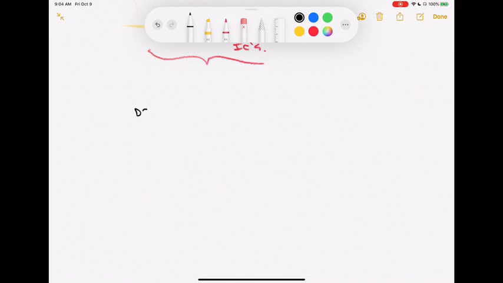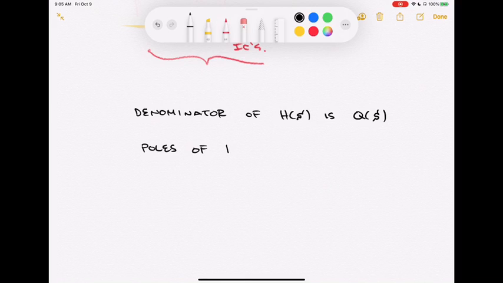We can say the denominator of our system transfer function, or the system function h of s, is Q of s. What does that tell us? That tells us the poles of h of s. What are the poles of h of s?